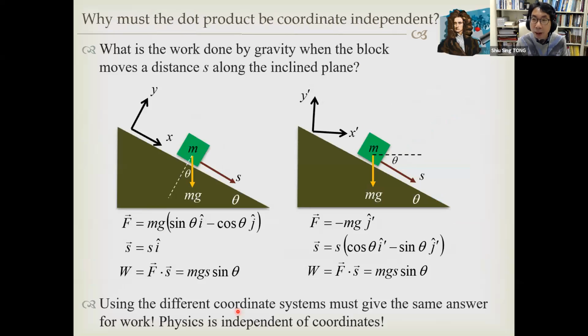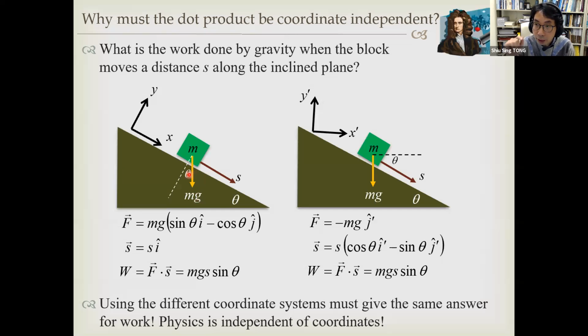Now, an application in physics is like this. You have played with inclined planes in high school, right? Suppose you have a mass that is sliding down along an inclined plane, an inclined plane that makes an angle theta with the horizontal. Suppose the block now moves a displacement s along the inclined plane. The force of gravity is vertically downwards, right?